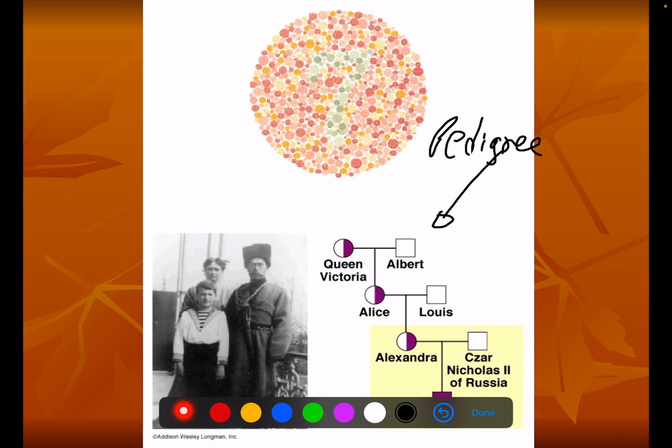And you should know that a pedigree is just a system of symbols that we use to track genes in a family over generations, or to track them in a population, like a small population over like a village. We can use these symbols. The circles represent females, the boxes represent males. Fully shading in something means that you're homozygous, you have the condition. Half shading means you're a carrier, right?